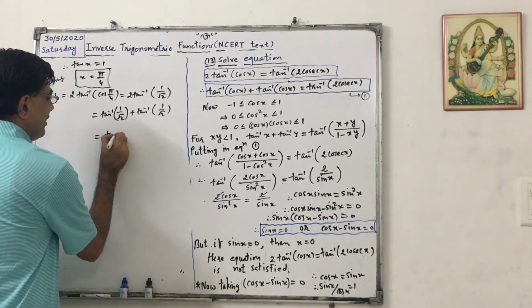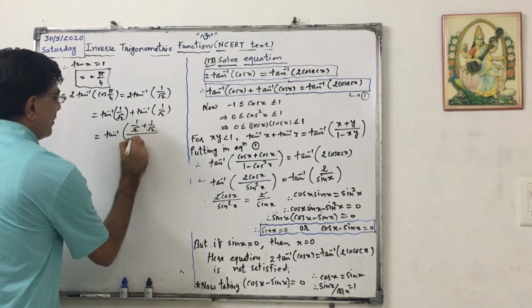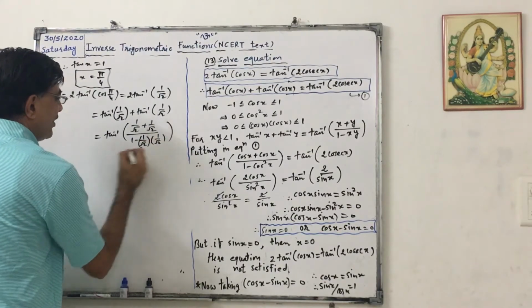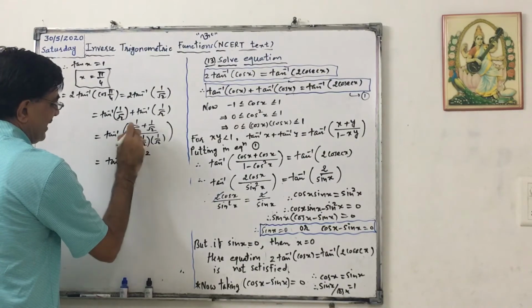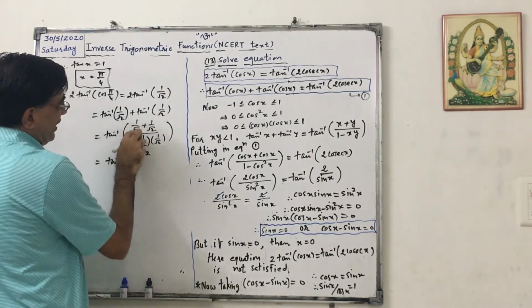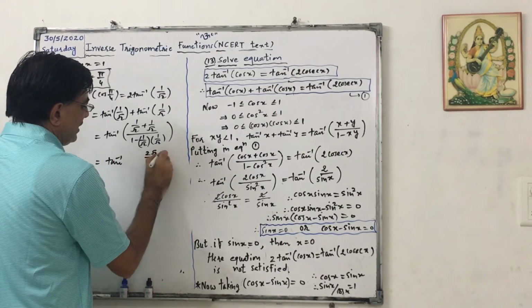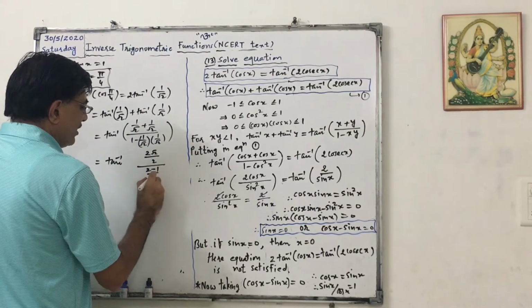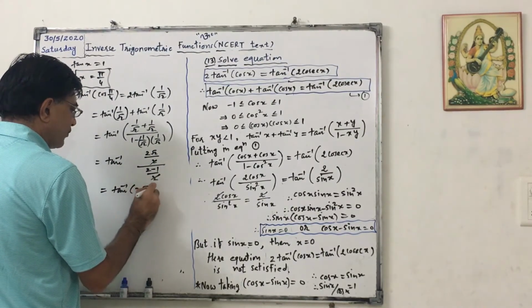So the formula will be tan inverse of (x plus y) upon (1 minus xy). Okay, that can be written as tan inverse of, see, root 2 by 2 and root 2 by 2. So it is 2 root 2 by 2. And here it will be 2 minus 1 upon 2. So this will be cancelled. So left hand side will be equal to tan inverse of 2 root 2.